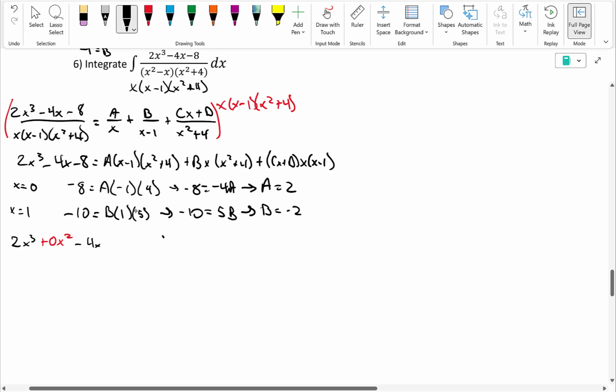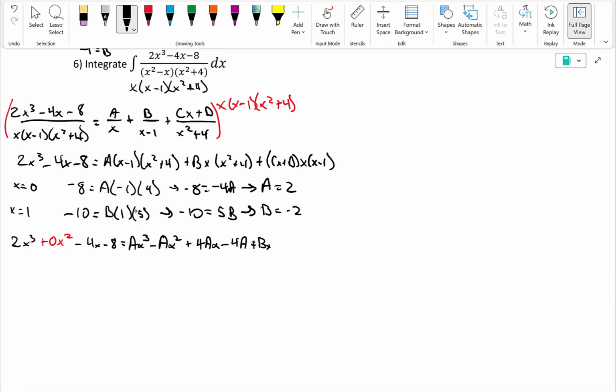Minus 4x minus 8 equals, if we multiply all that stuff out, we get Ax cubed minus Ax squared plus 4Ax minus 4A, plus Bx cubed plus 4Bx plus, this will be x squared minus x, Cx cubed minus Cx squared plus Dx squared minus Dx.